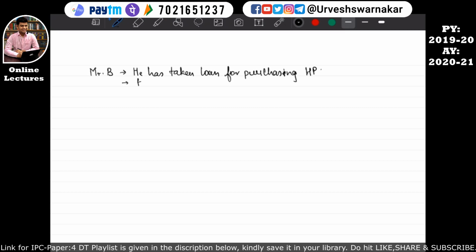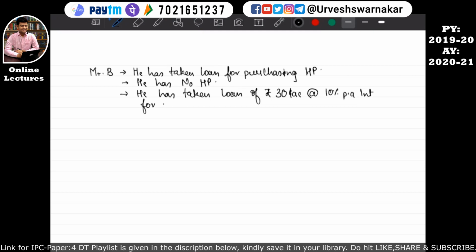He has no house property. He has taken a loan of rupees 30 lakhs at the rate of 10% per annum interest for purchasing the house property. I hope this is very much clear.